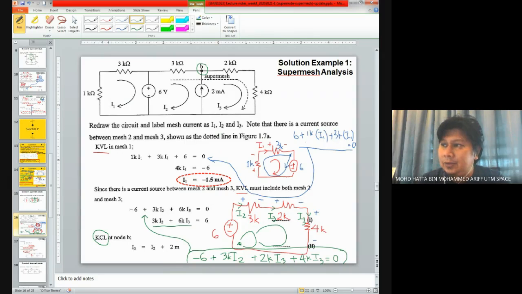At that node B, I have a current here as I3, the current over here as I2, and current coming in is 2 milliampere.